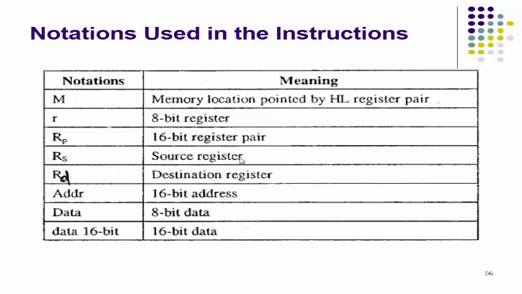Then RS indicates the source register, so S means source. RD indicates the destination register, so subscript D indicates destination. ADDR indicates the 16-bit address.